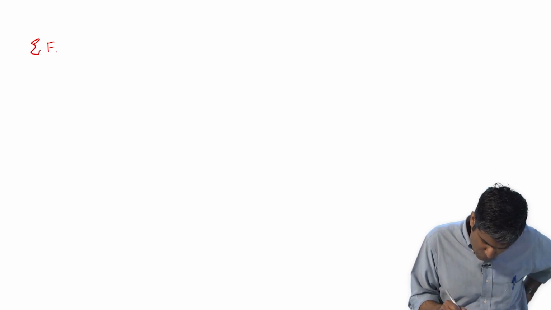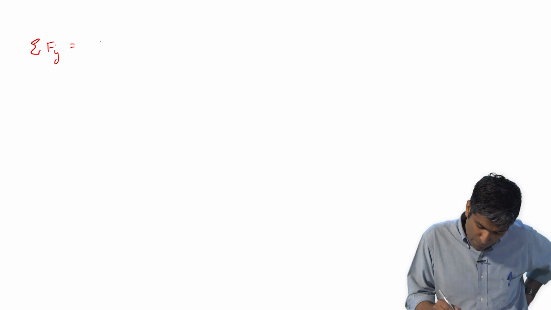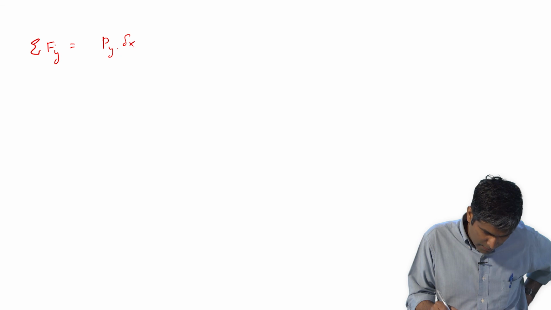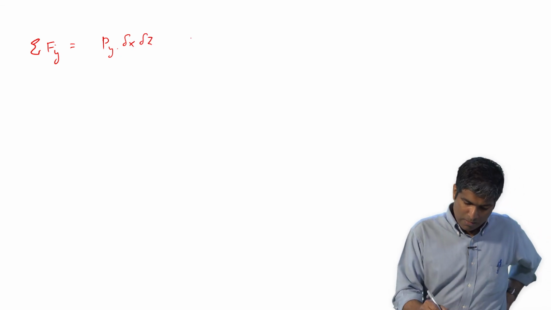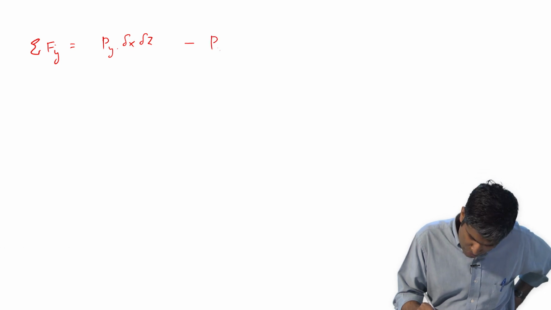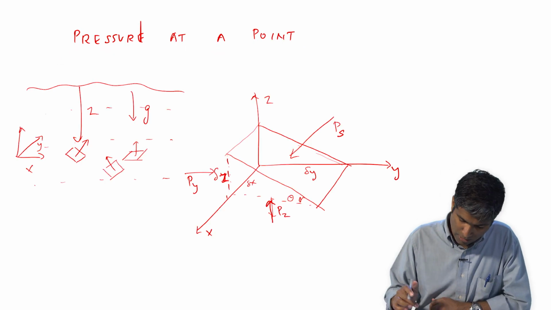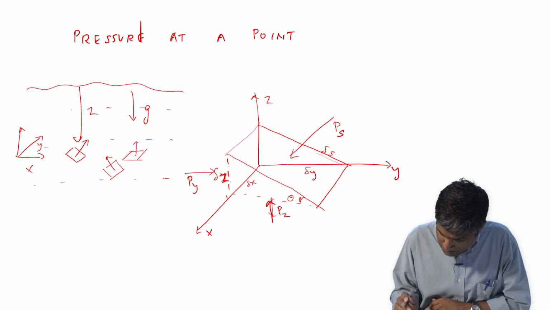The summation of forces in the y direction is equal to Py times the area, that's delta x delta z, minus the horizontal component of the pressure force, that's Ps times delta x delta s sine theta, where delta s is the hypotenuse.